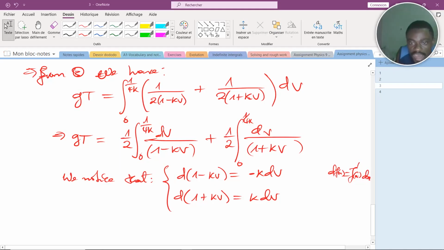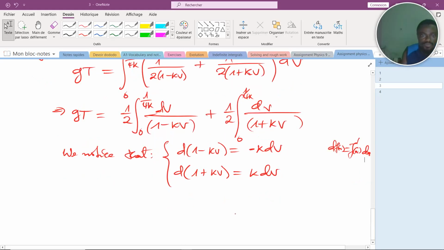Here we have dv already up here. So it means that we are supposed to multiply this integral top and bottom by minus k, and this integral top and bottom by k. So G capital T will be equal to a half integral from 0 to 1 on 4k, pardon, I made an error. I'll multiply this integral by minus k.